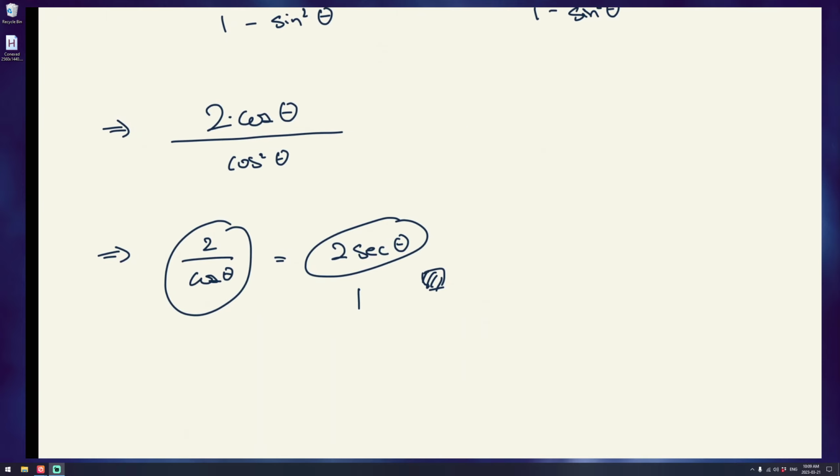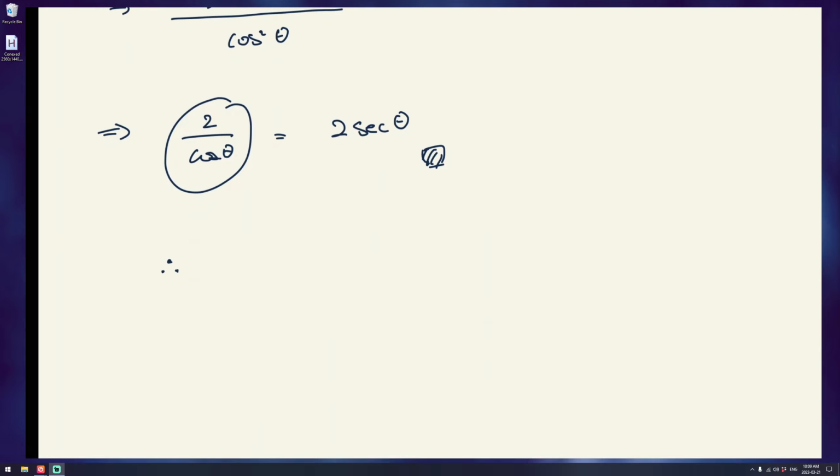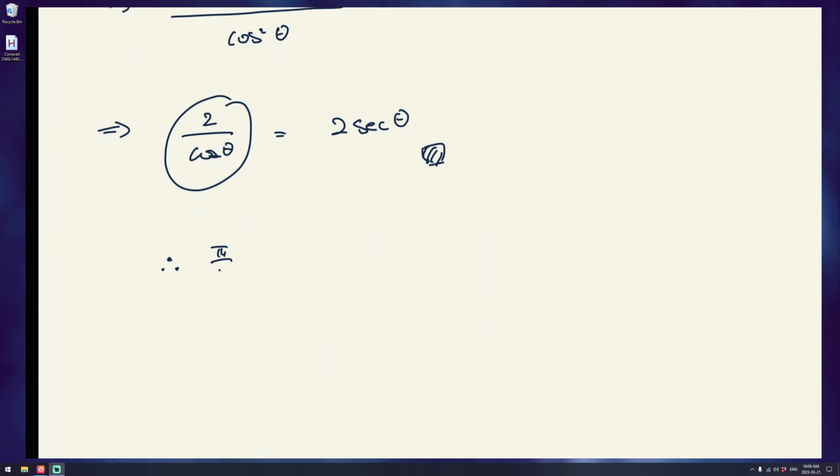So technically, I'm looking at the non-permissible values of secant, right? But to make life easier, it's easier to see it as 2 over cos of theta, in my opinion, okay? So that means if cosine of theta is equal to 0, we're doomed. Okay, cos is equal to 0 at pi over 2 and 3 pi over 2.